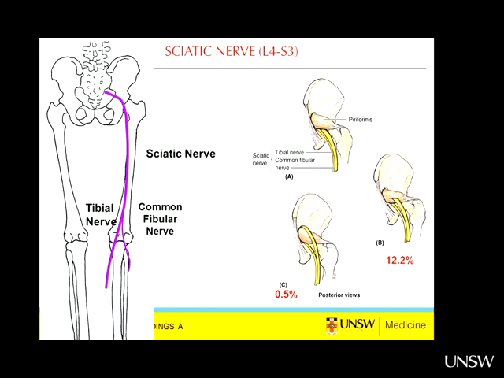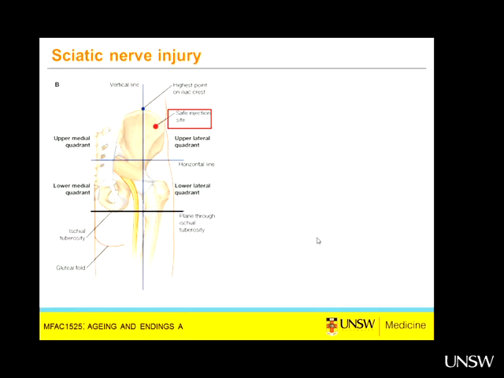Now, when it passes through the piriformis muscle, that's when there is a group of people that is susceptible to what we call the piriformis syndrome. Every time the muscle contracts, it actually squeezes on the nerve itself. That's the piriformis syndrome. And in a number of people, it can also pass over the piriformis muscle.